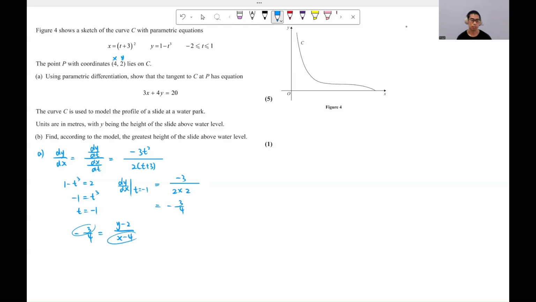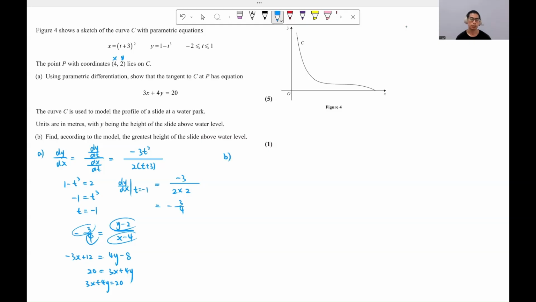So -3 times (x minus 4) is -3x plus 12, and 4 times (y minus 2) is 4y minus 8. Then add 3x to both sides, and add 8 to both sides. So 3x plus 4y equals 20, which is what they want us to show.